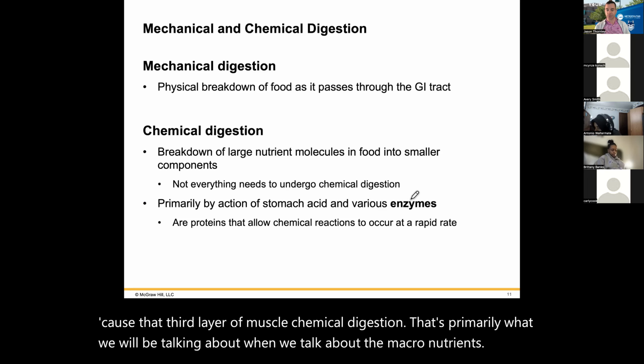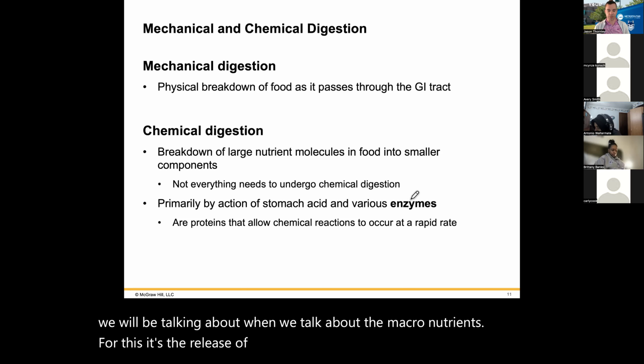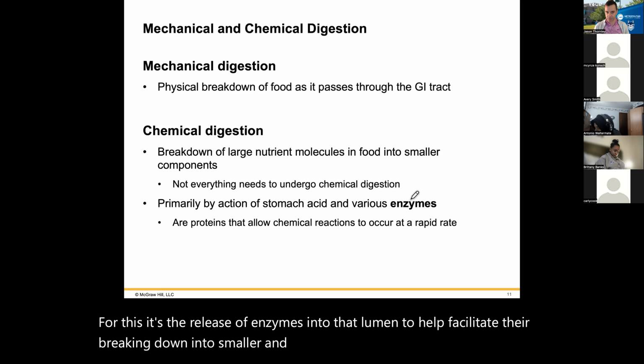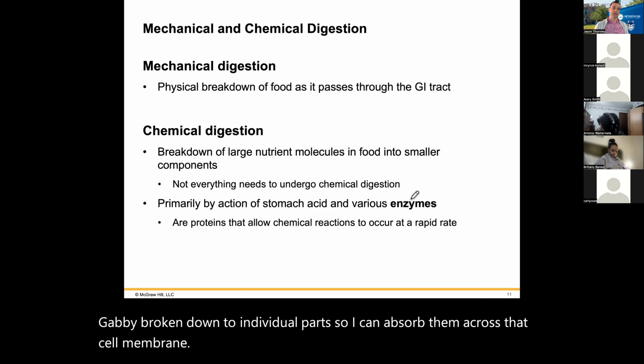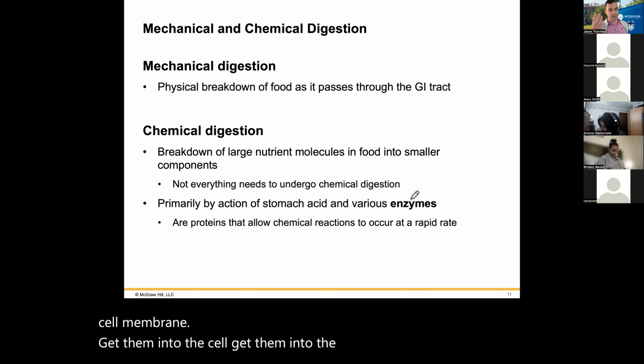It's the release of enzymes into the lumen to help facilitate their breaking down into smaller and smaller components. Something big has to be broken down into individual parts so I can absorb them across that cell membrane, get them into the cell, get them into the blood, and get them to your tissues.